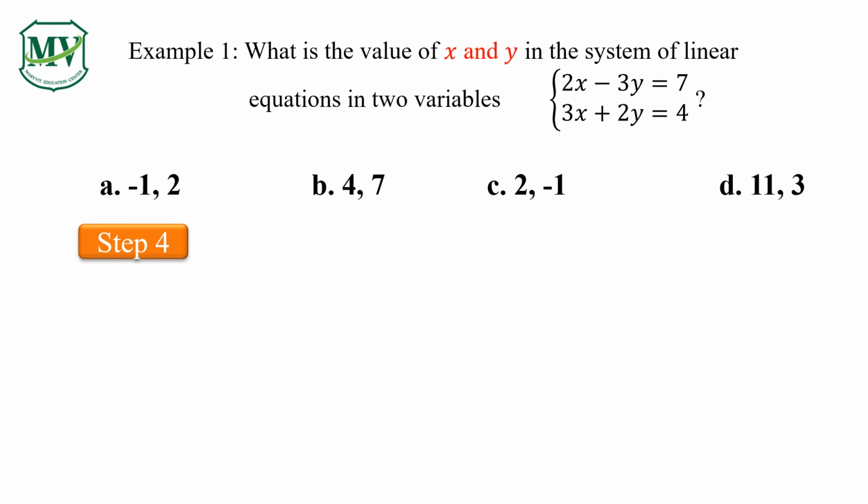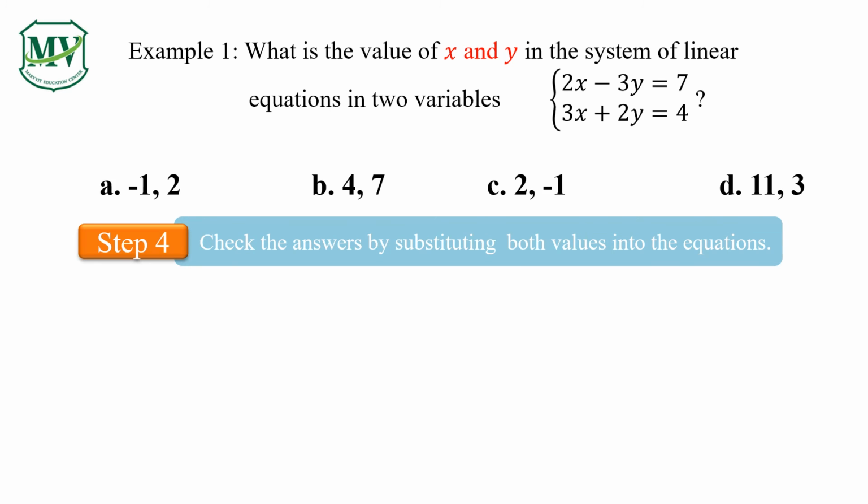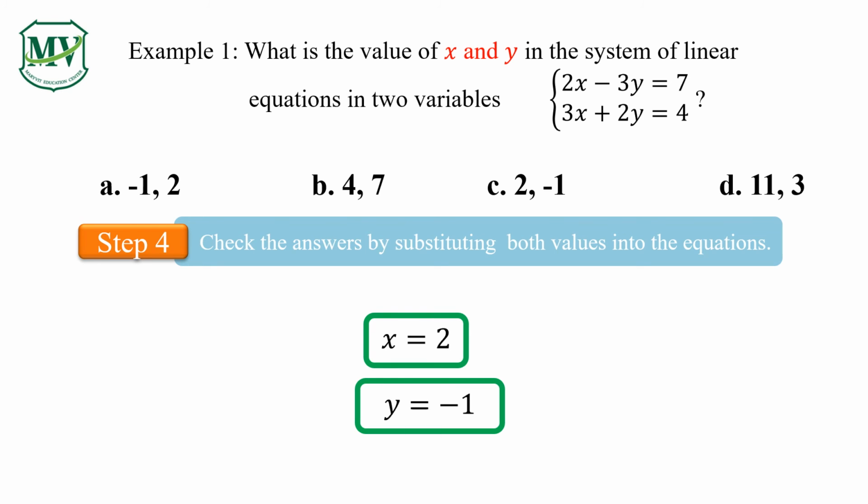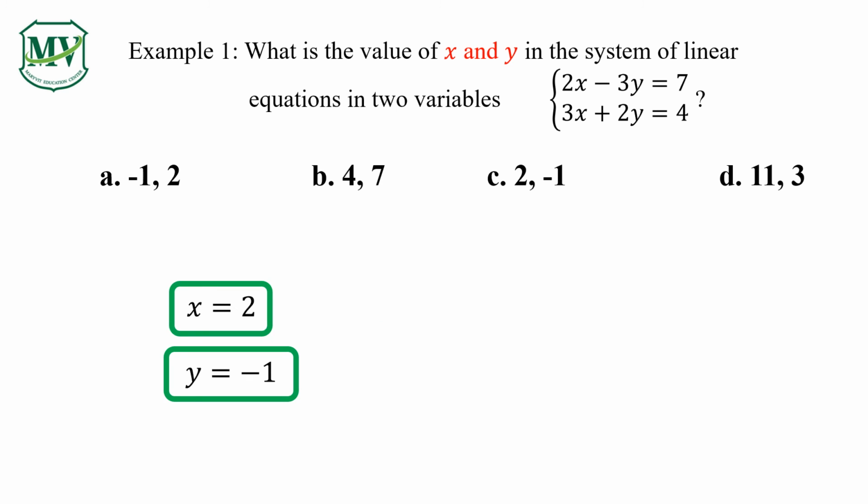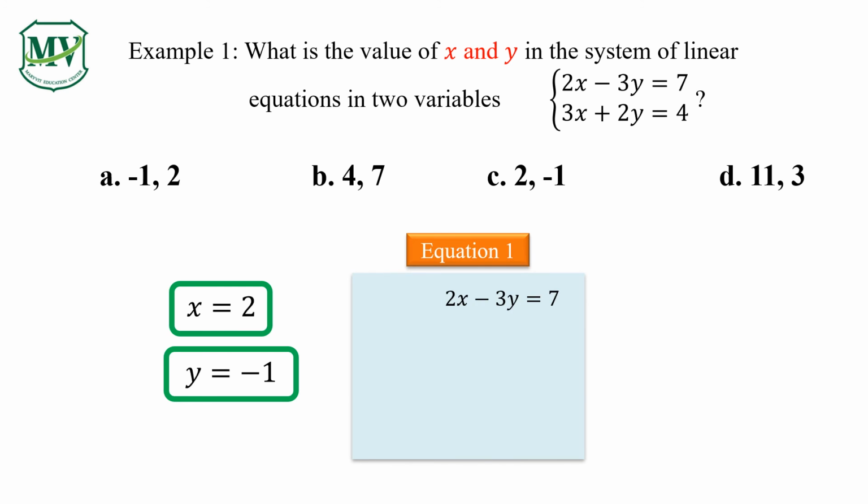Step number 4. Check the answers by substituting both values into the equations. x is equal to 2 and y is equal to negative 1. Substitute the value of x and y into equation number 1. 2x minus 3y is equal to 7.